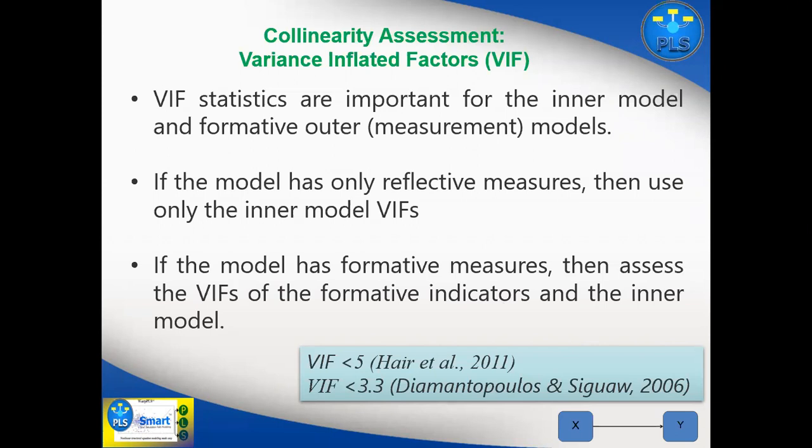Please forget prior study. You should concentrate on those who made the metric. You concentrate on Hair and Diamantopoulos. If your own is less than 5, you can choose Hair. If it's less than 3.3, just choose Diamantopoulos and stop here.